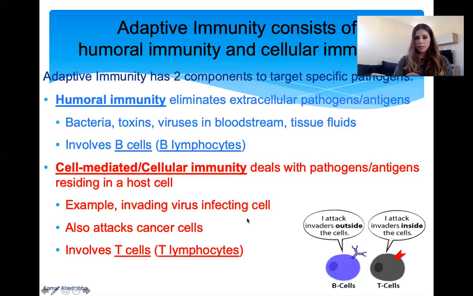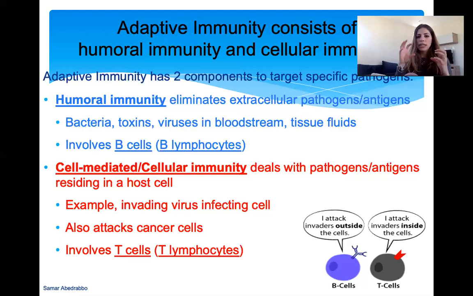So again, to summarize, because this is going to keep coming, adaptive immunity has to do with humoral immunity and cellular immunity. Humoral immunity is the one that involves B cells or B lymphocytes, and this is the immunity that protects you against extracellular pathogens, or pathogens that are outside cells, like the bloodstream, toxins, viruses, anything that's outside cells.